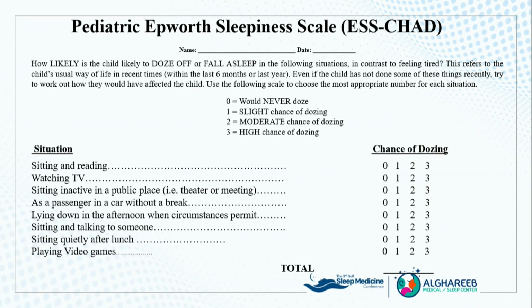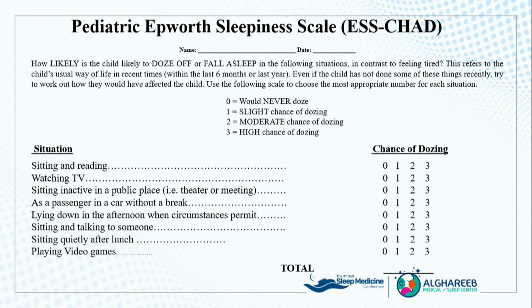This score is exactly as it is in the adult, but you can ask these questions to the child. It is a 24 score. You ask, if you sit and watch TV or read or whatever it is, do you feel your child dozes off: a slight chance of dozing off, a moderate chance, or he always dozes off when he watches TV?